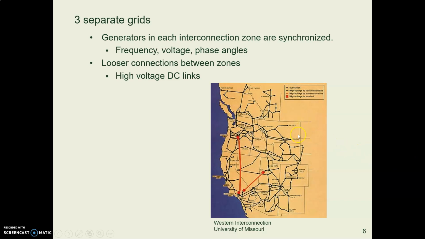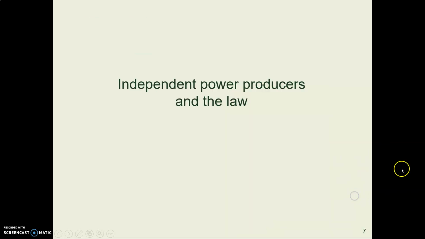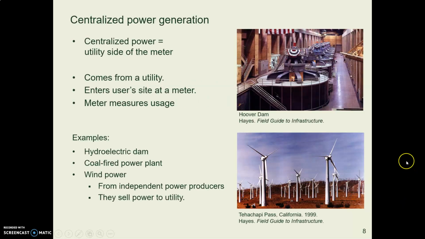Then there are connections between the Western and the Eastern, looser connections, and they have high-tech equipment there, but those 2 sections are not synchronized. So we are going to look at 2 different ways to make and distribute power.